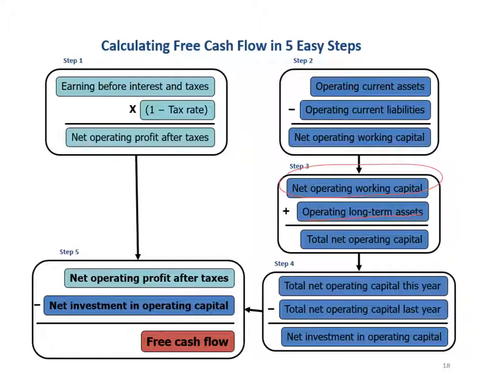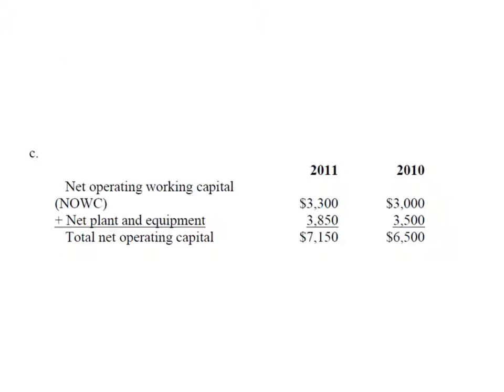For 2012, we just calculated from the last step the net operating working capital is 3,000. From the balance sheet, we find the net fixed assets turn out to be 3,500. If we add up these two numbers, the total net operating capital for 2012 is 6,500.